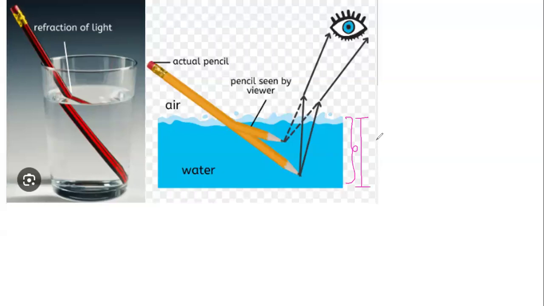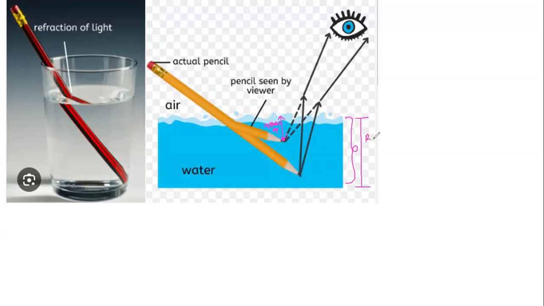However, when you use your eye and you look at this pencil that has been immersed in water, it's going to appear shallow. Why? Because of refraction of light. Now, the distance from where you are seeing the pencil up to the top is what we call the apparent depth.